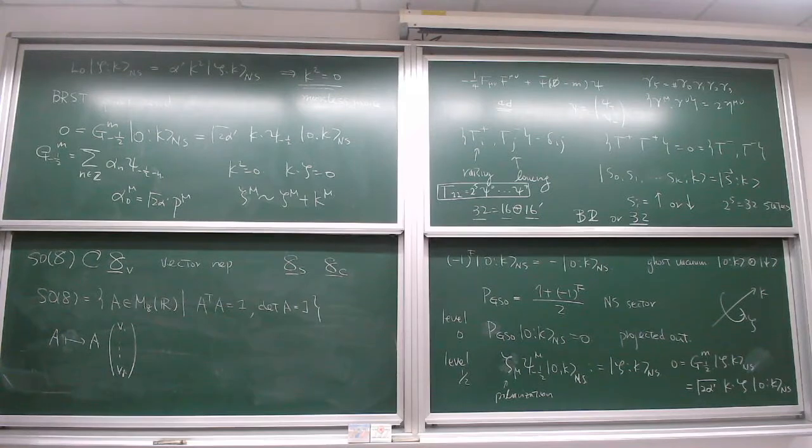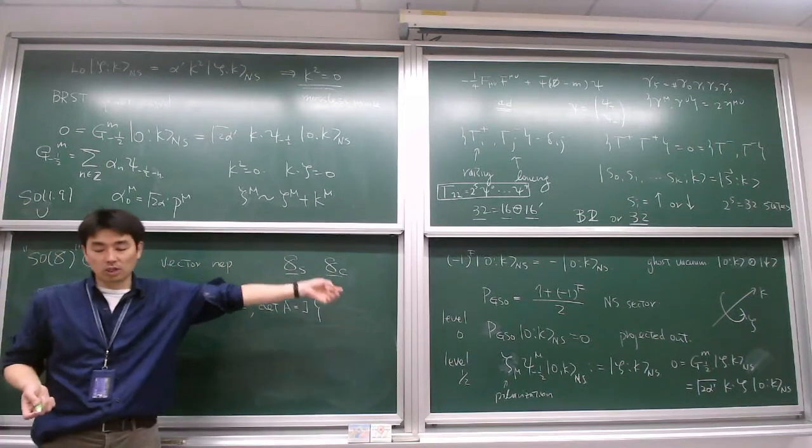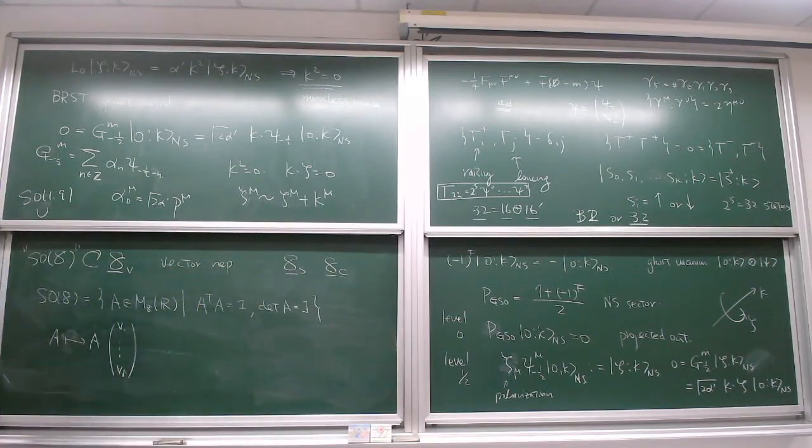And one way to say why the superstring has to be 10-dimensional is that we want the little group to have a special representation. SO8 is very special. So this SO8 is the little group of SO(1,9). This little group has a very special representation. Vector, spinor and conjugate spinor all have 8 dimensions. That's not a coincidence.